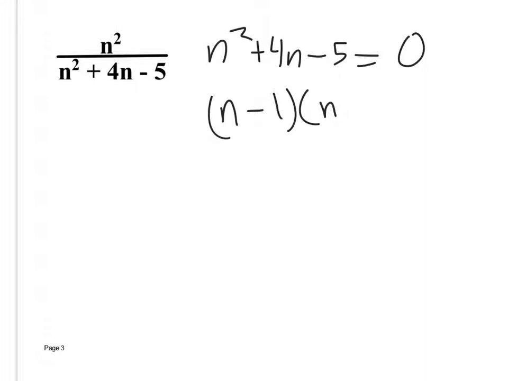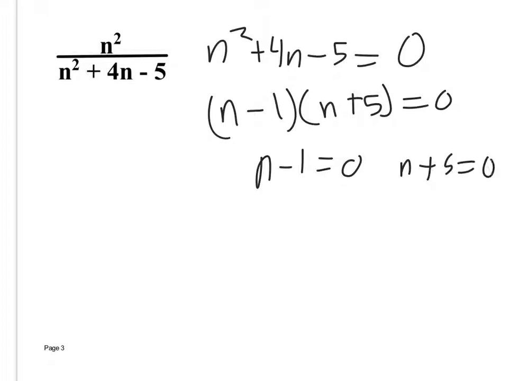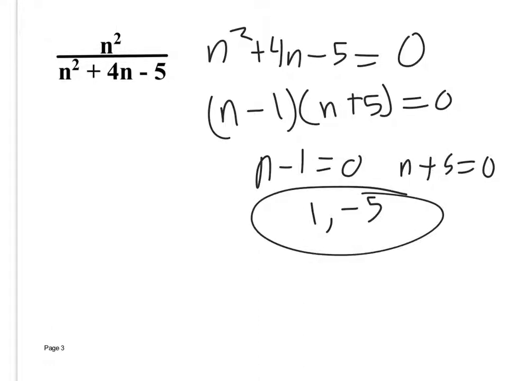So 1 would be negative, 5 would be positive. Factoring, something we've been doing all year. So I set n minus 1 equal to 0, and n plus 5 equal to 0. My answers are 1 and negative 5. Those are what n cannot be, the excluded values.